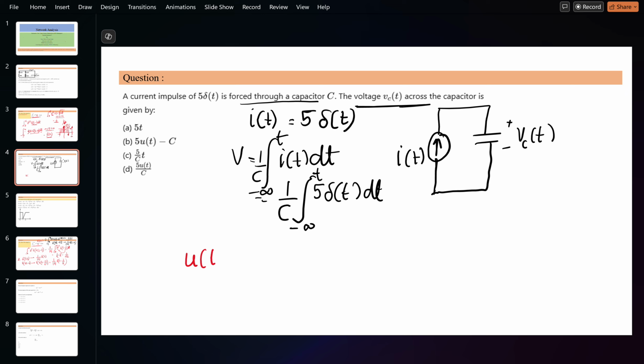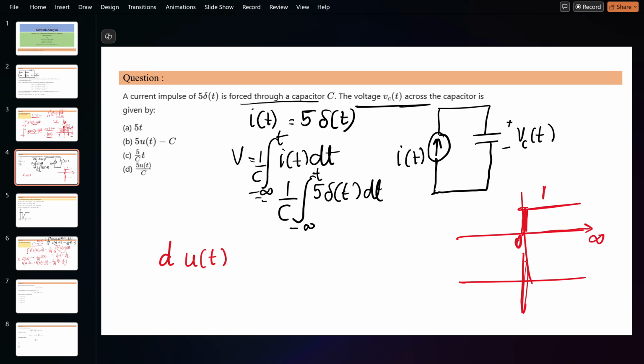Basically, the u(t) function looks something like this. u(t) is one constant, one, moving from the zero reference and till infinity. Second is the delta, which I have already shown. This is the delta t, and it is lying actually at the zero value.